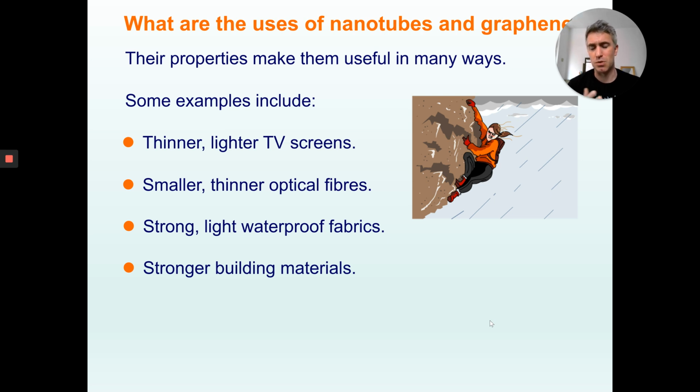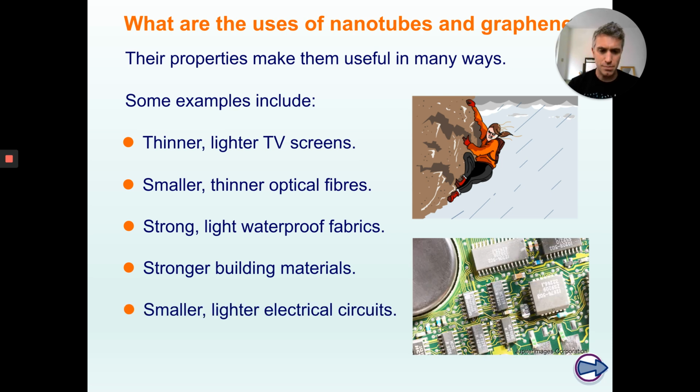Other building materials, if made of graphite, would be incredibly strong. And because of their electrical properties, they can make electrical circuits so much smaller than they already are. You can miniaturize things even further, and the technological ideas are really quite exciting.